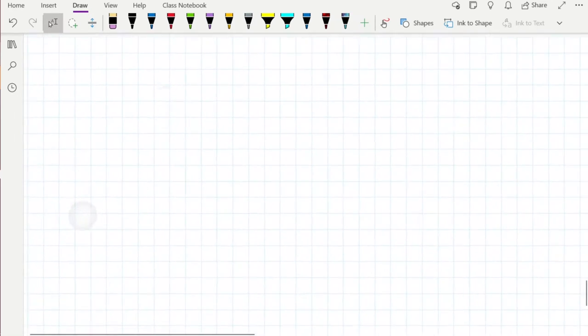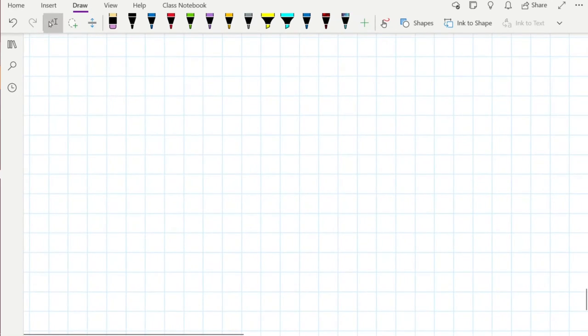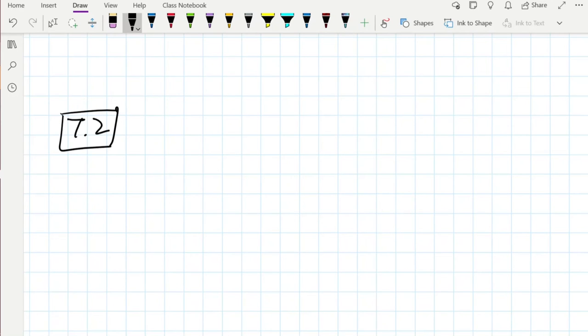So from here, I guess we can go on to some of the 7.2. And we probably don't want to begin with the challenge problems for that.